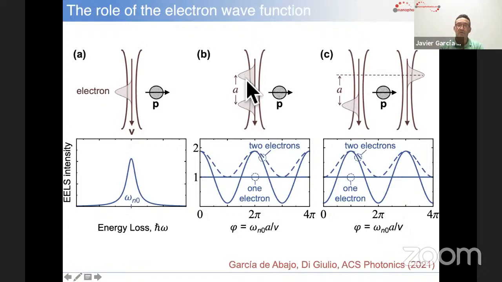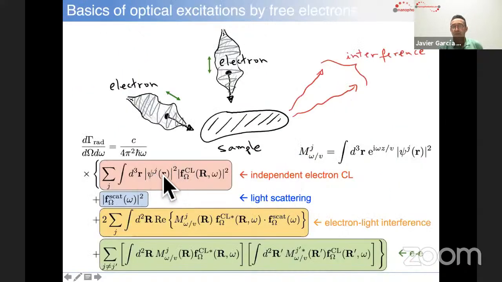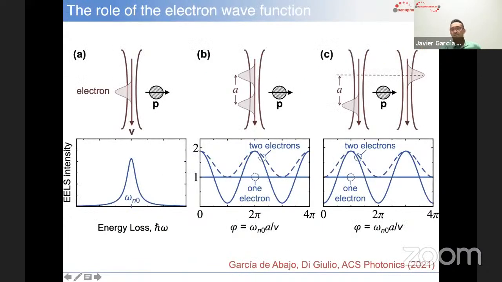According to the previous expressions, you have a total independence of the electron excitation probability from the wave function, because you have to do the longitudinal integral of the wave function, which sums up to 1 because of the normalization condition. So the excitation is totally independent of the shape of the wave function.